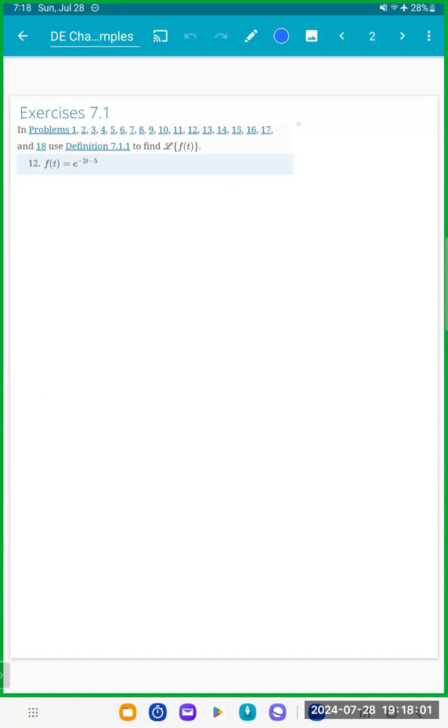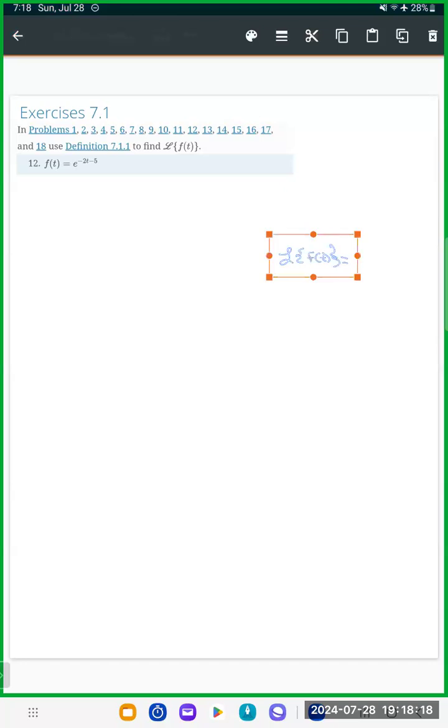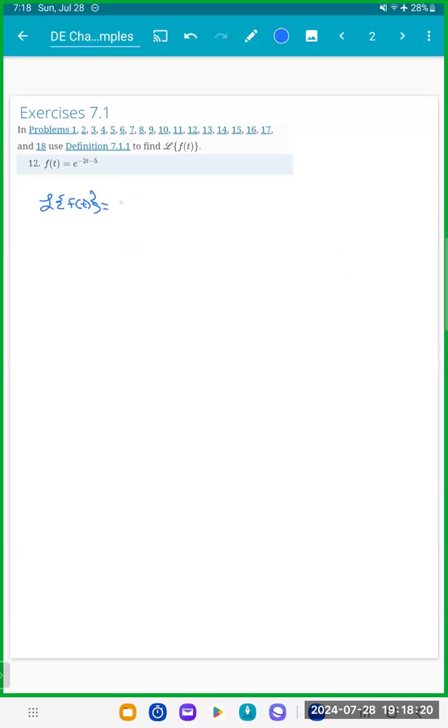If you haven't looked at the text yet, we can say that our Laplace transform is equal to the integral from 0 to infinity of e raised to the negative st times our function f of t.